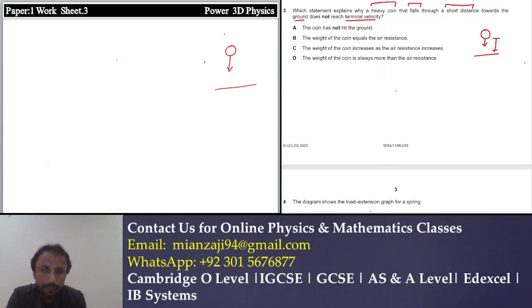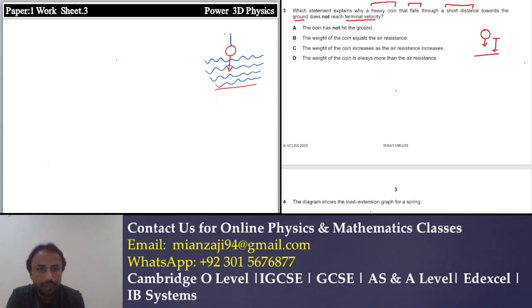Let me draw some lines here. These lines represent air between the coin and the ground. It means when the coin falls toward the ground, there is air resistance that tries to oppose its motion.